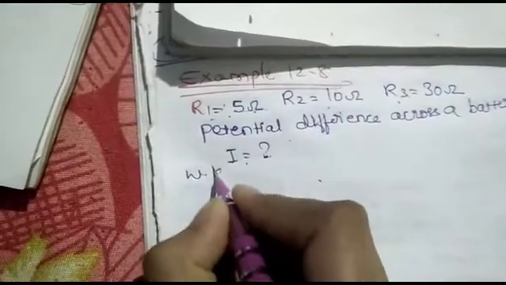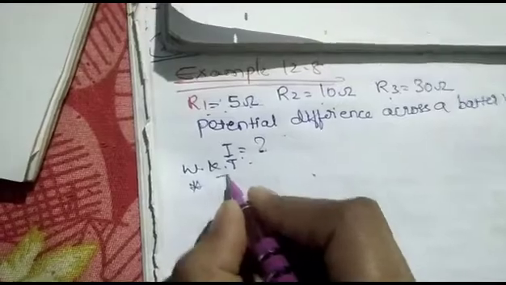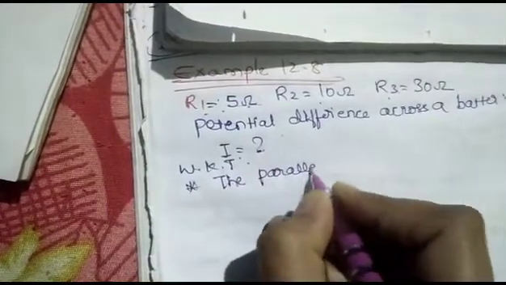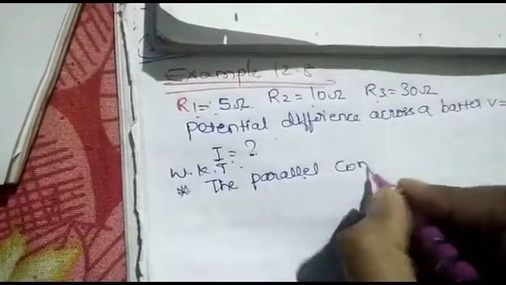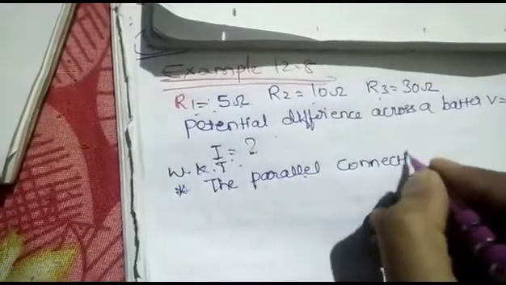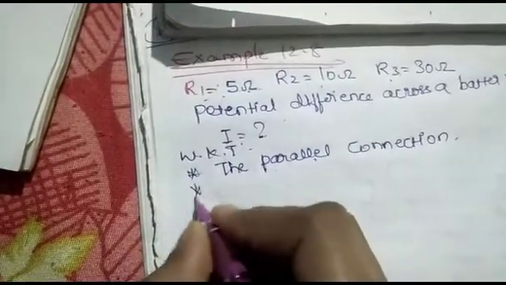As we know, the circuit diagram has a parallel connection, and the potential difference across each resistor is the same.